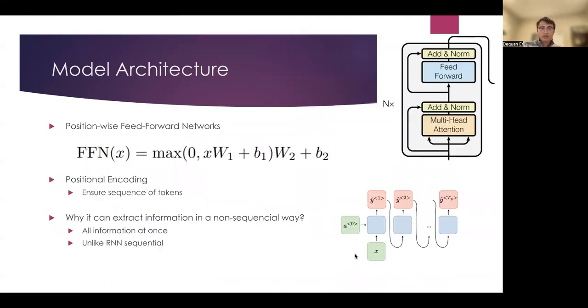Okay, so let's go to the next slide. The next component here is the feed forward layer, which is called FFN. That's quite simple. It's basically a multi-layer perceptron structure. You have a ReLU over here, and that expands and shrinks it back.